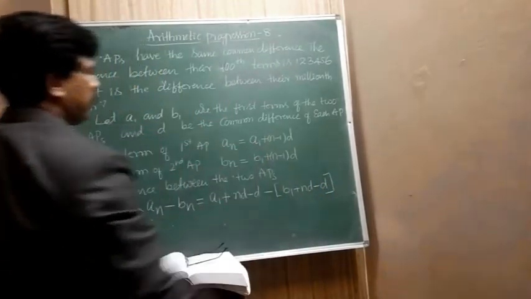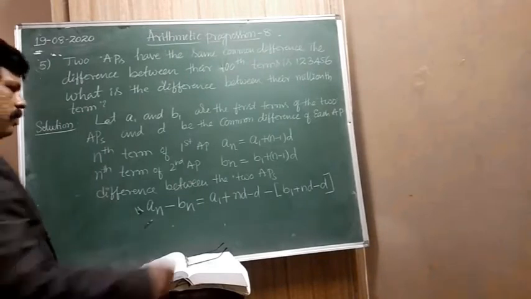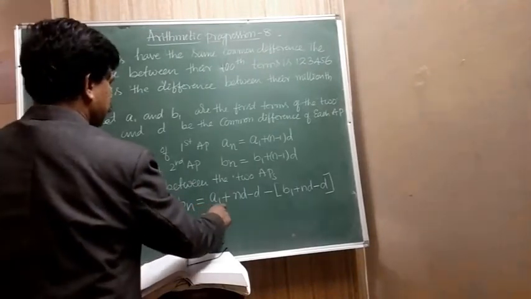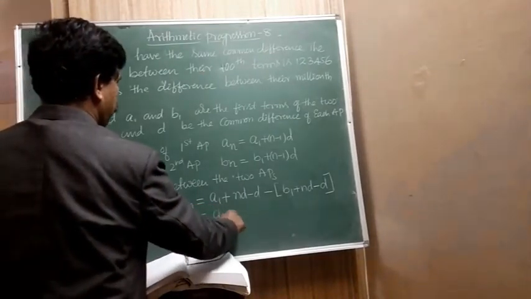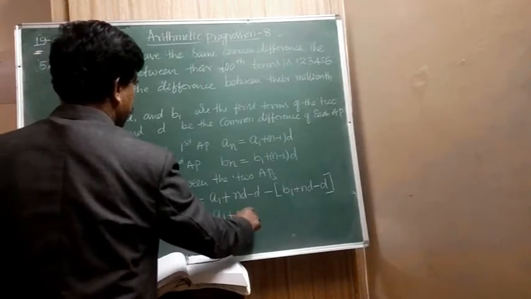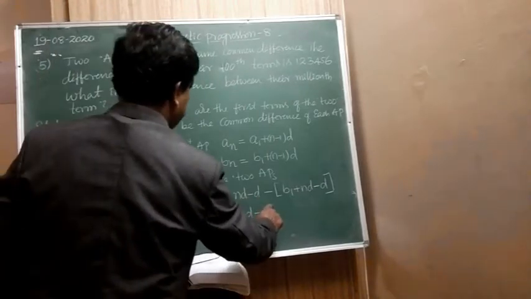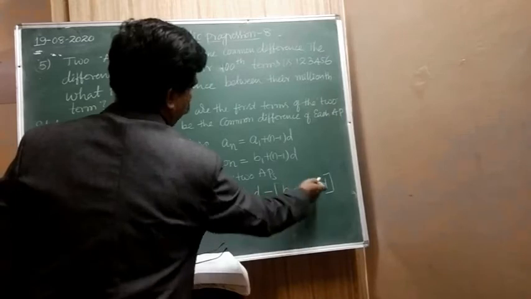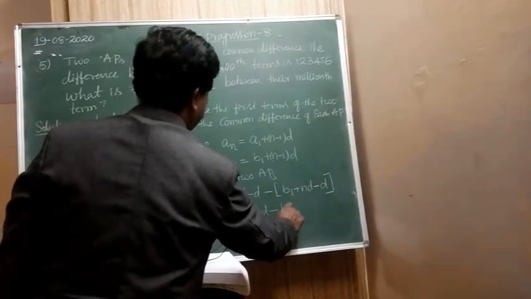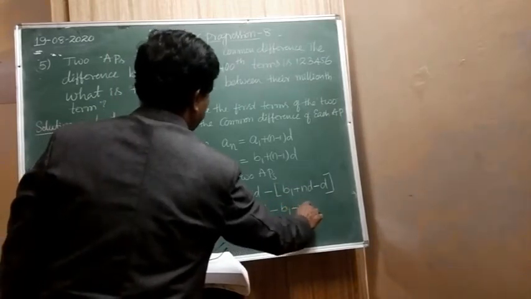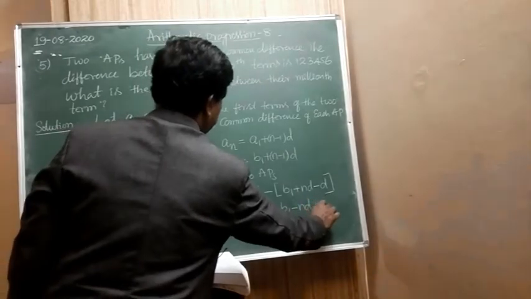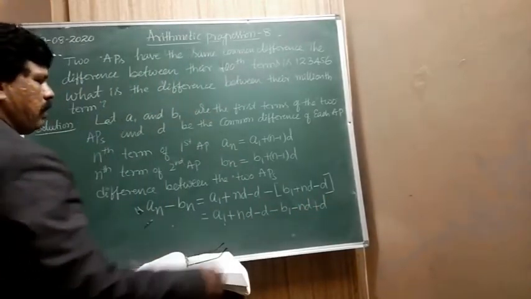I multiplied D, right? Then here is A1 plus ND minus D. Multiply all the terms by minus: B1 minus ND plus D. Now what happens?